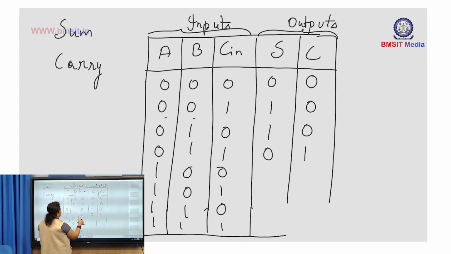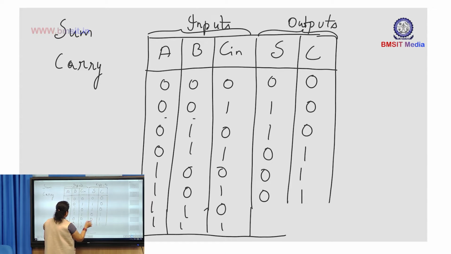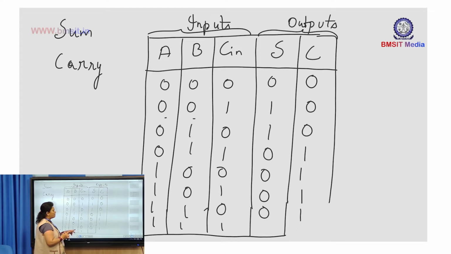Here 1 0 0, the sum is 1 with carry 0. For 1 0 1, that is 1 plus 0 plus 1, we have sum 0 with carry 1. For 1 1 0, the sum is 0 with carry 1, and for 1 1 1 the sum is 1 with carry 1.